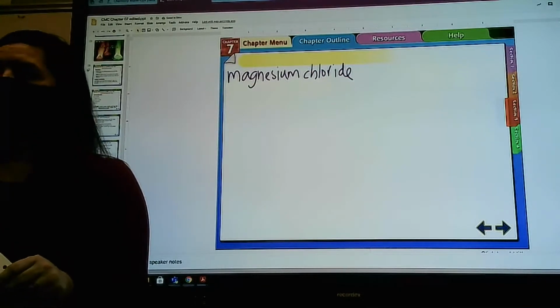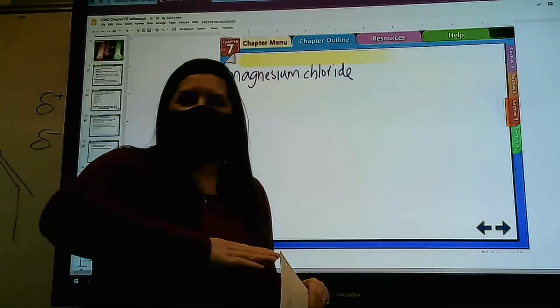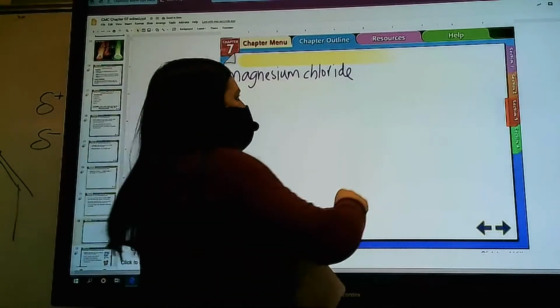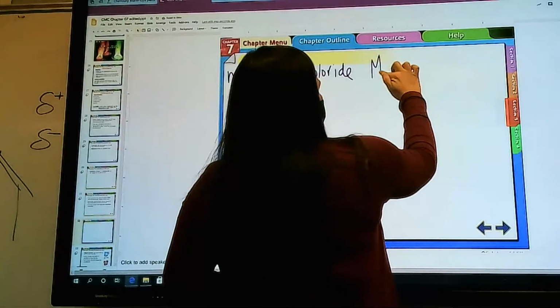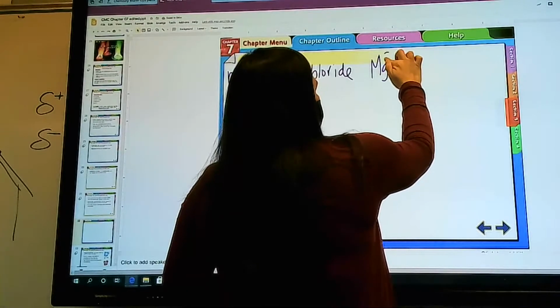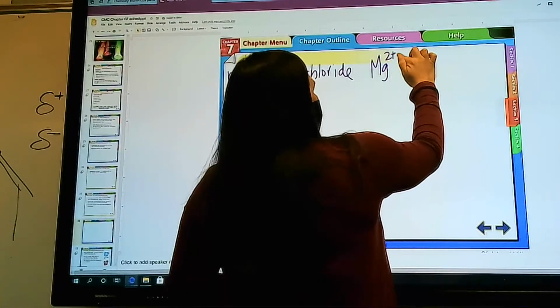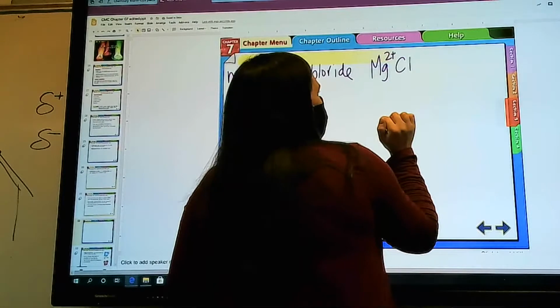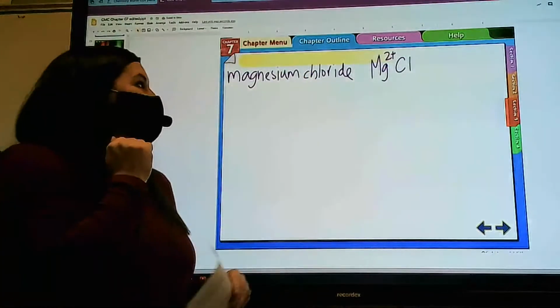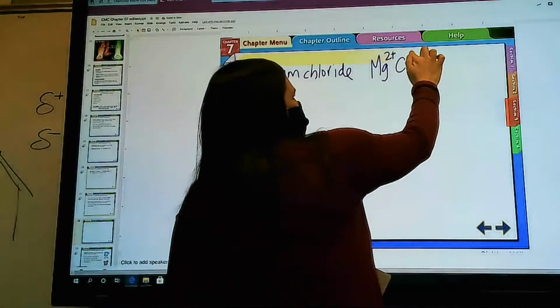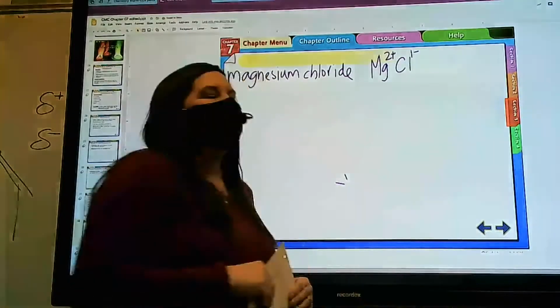For magnesium, look at your periodic table, the one with the charges on the back. What does it tell you its charge is? 2+, okay? Chlorine's charge is 1-. And again, you're looking at chloride because it's an ion, 1-.